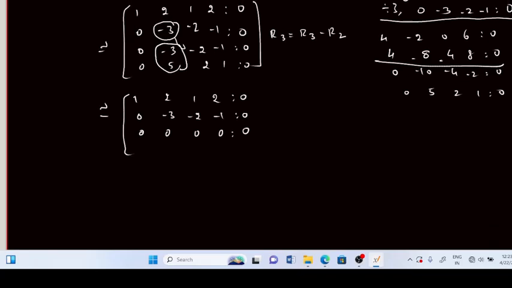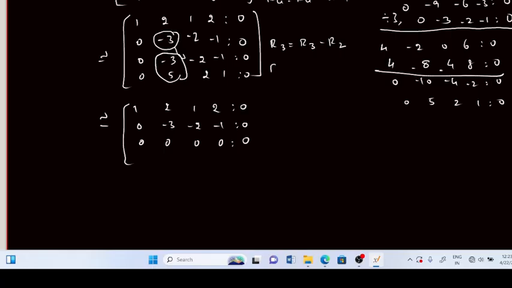Now we must simplify the last row. For R4 we take 5 times R2 plus 3 times R4. Five times R2 is 0, -15, -10, -5, 0.